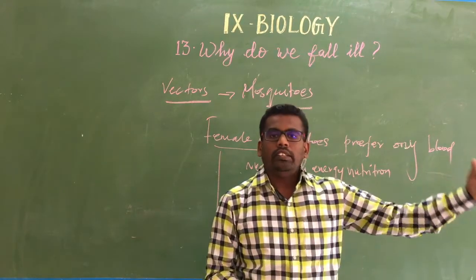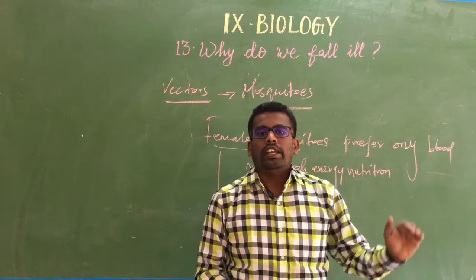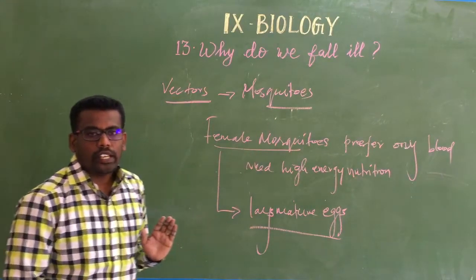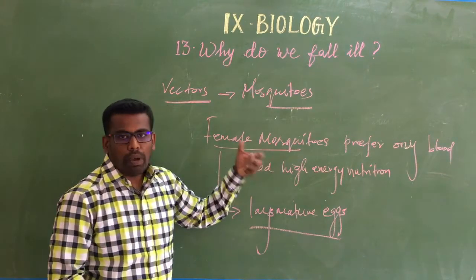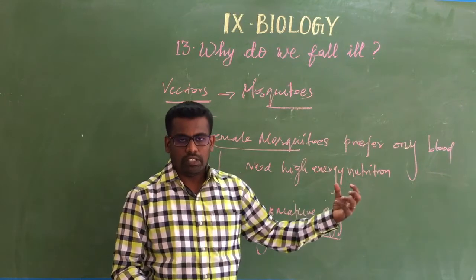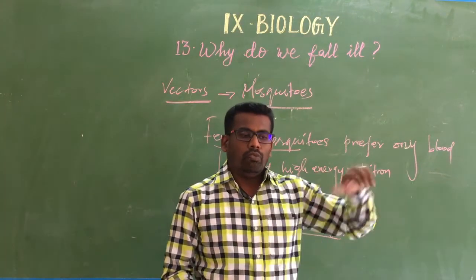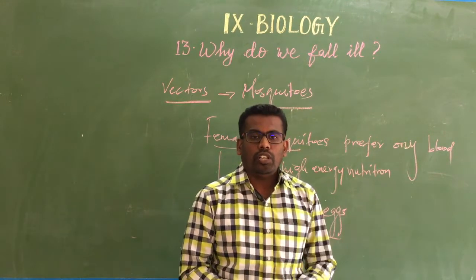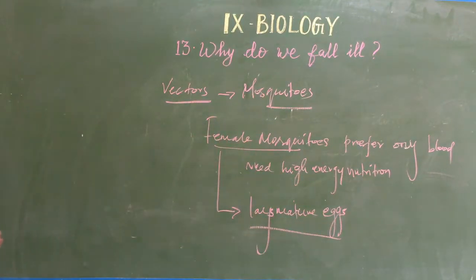Like that, the disease may spread through animals also. Those animals are called vectors. This is the best example: the mosquito carries the pathogen and drops the same pathogen when it takes others' blood. So the mosquito acts as a vector.